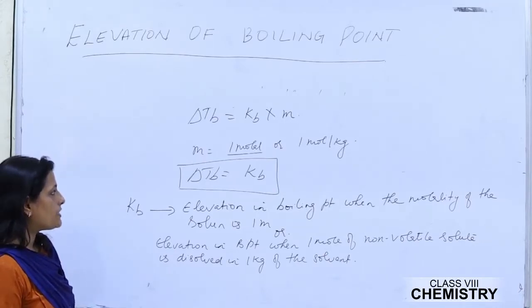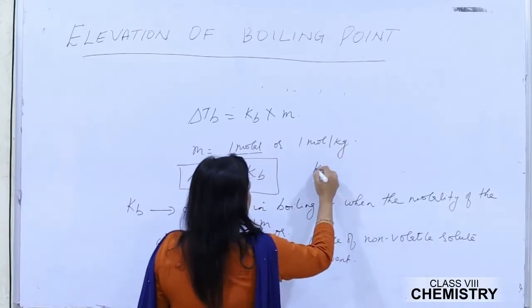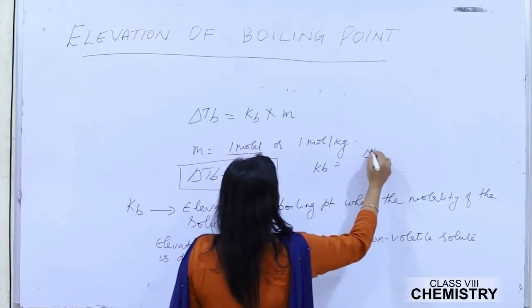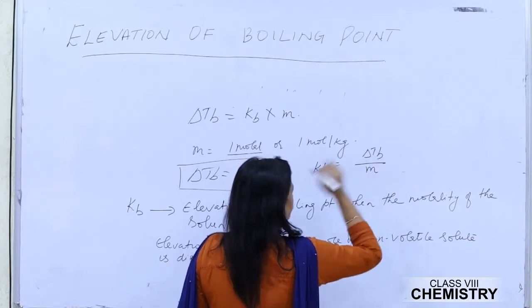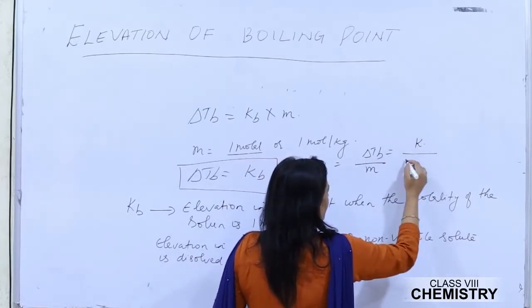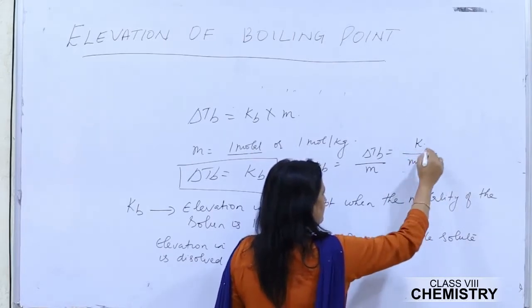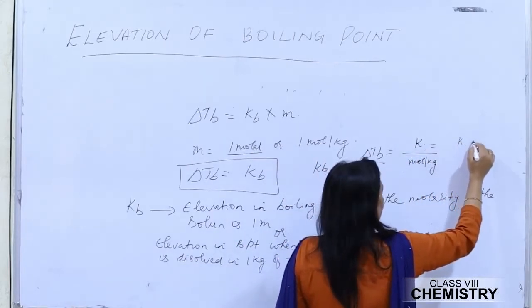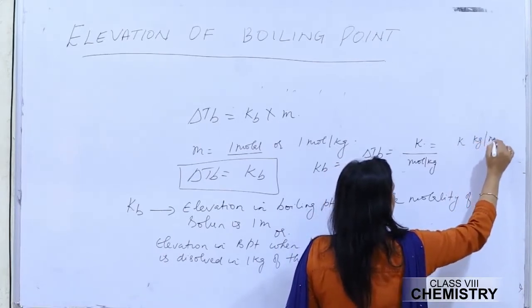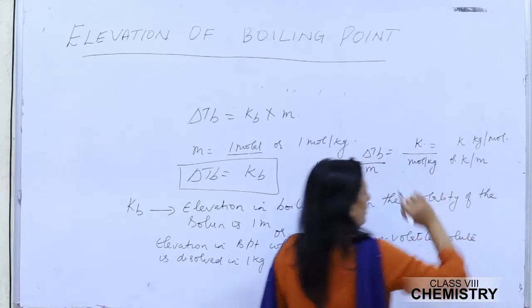Now, what will be the unit of Kb? Kb is equal to delta Tb by m. Delta Tb can be expressed in Kelvin, and m in mole per kg. So, what will be its unit? Kelvin kg per mole, or Kelvin per molal.